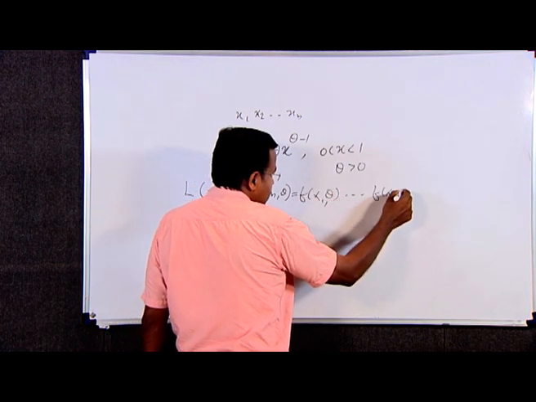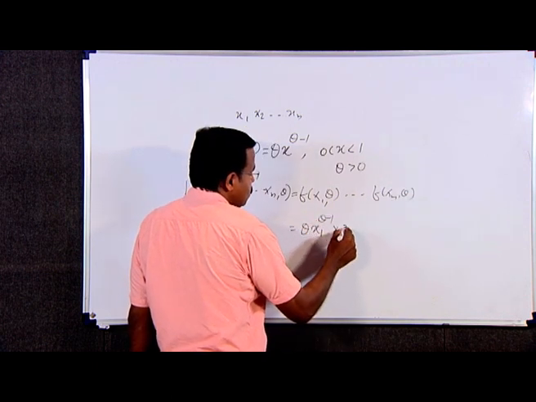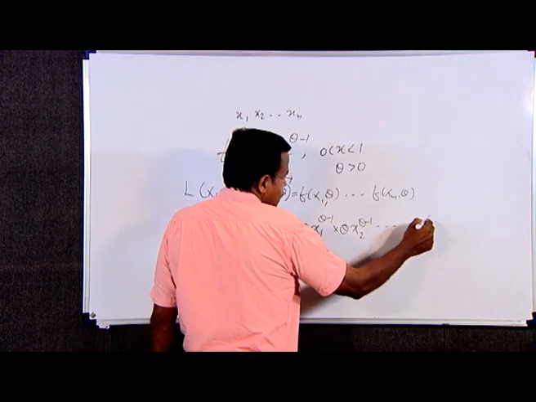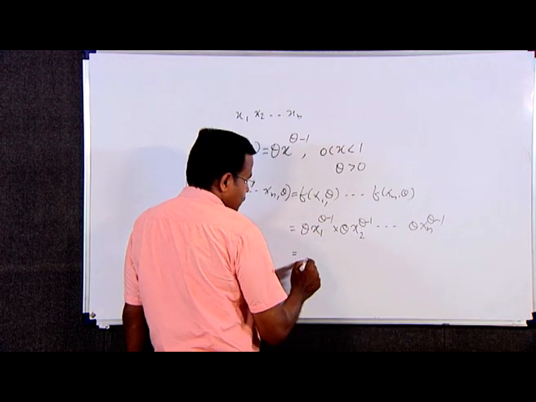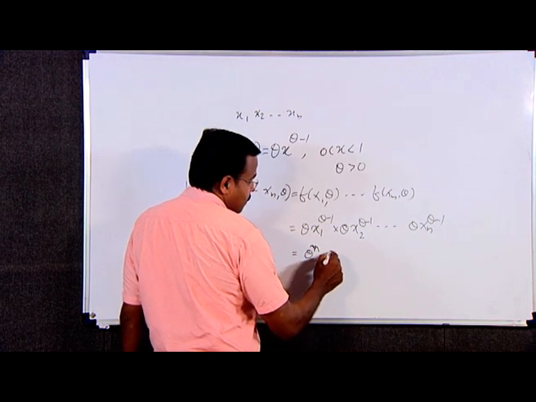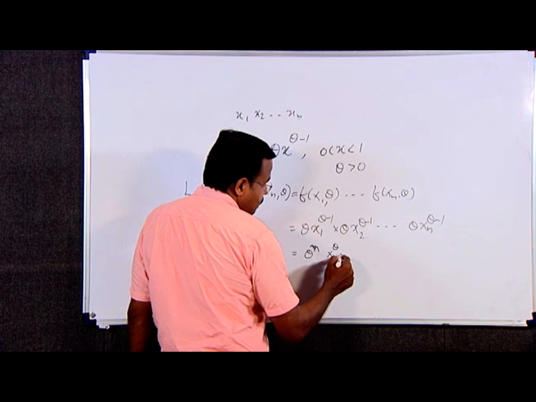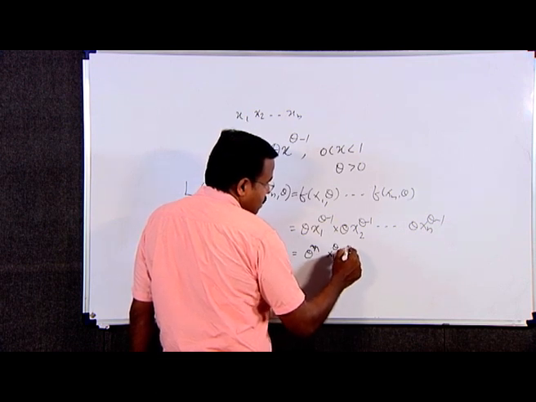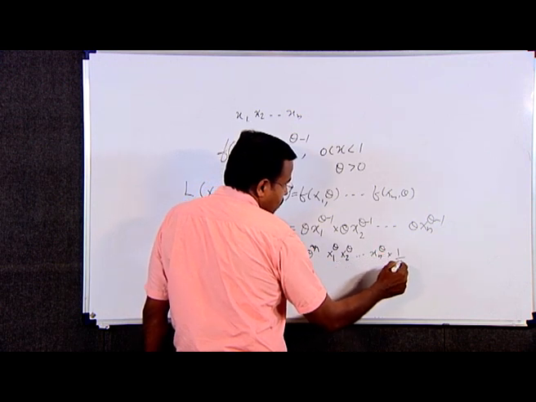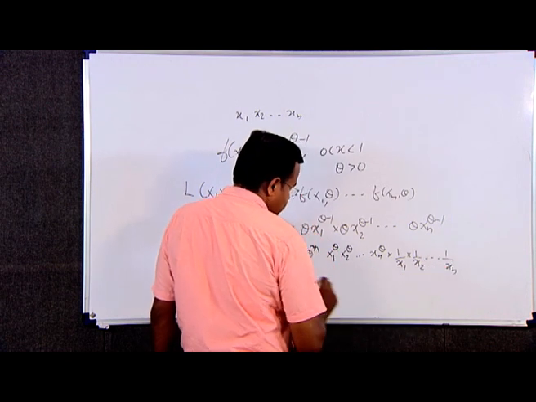into f of xn, theta, that is equal to theta into x1 raised to theta minus 1 into theta into x2 raised to theta minus 1 etc. into theta into xn raised to theta minus 1, that is equal to theta raised to n, then x1 raised to theta into x2 raised to theta etc. into xn raised to theta into 1 by x1 into 1 by x2 etc. into 1 by xn.